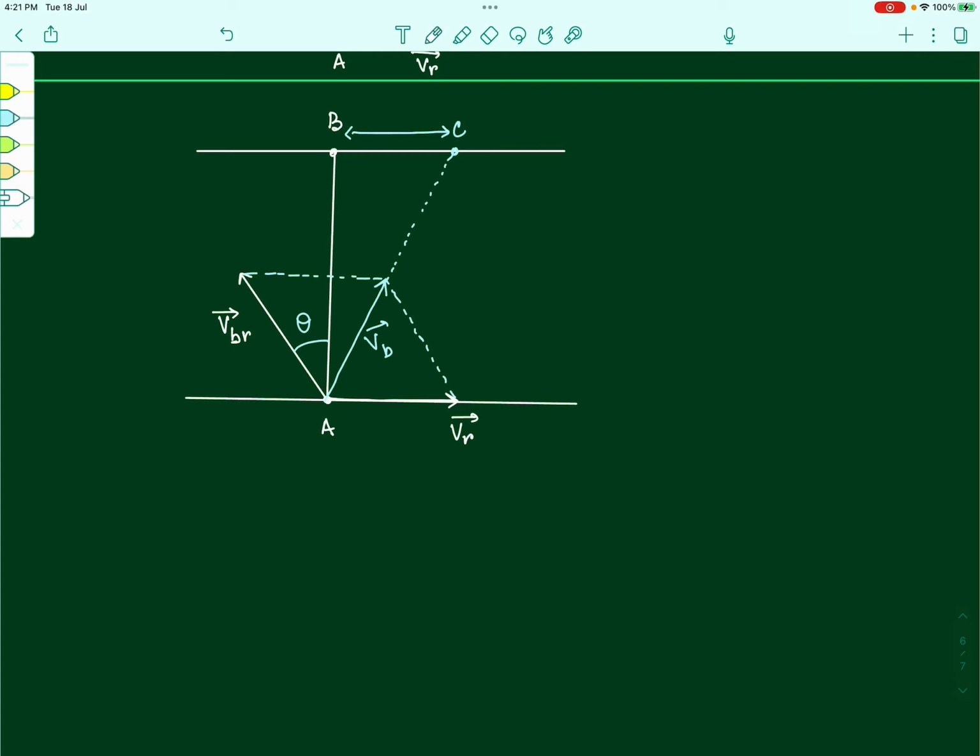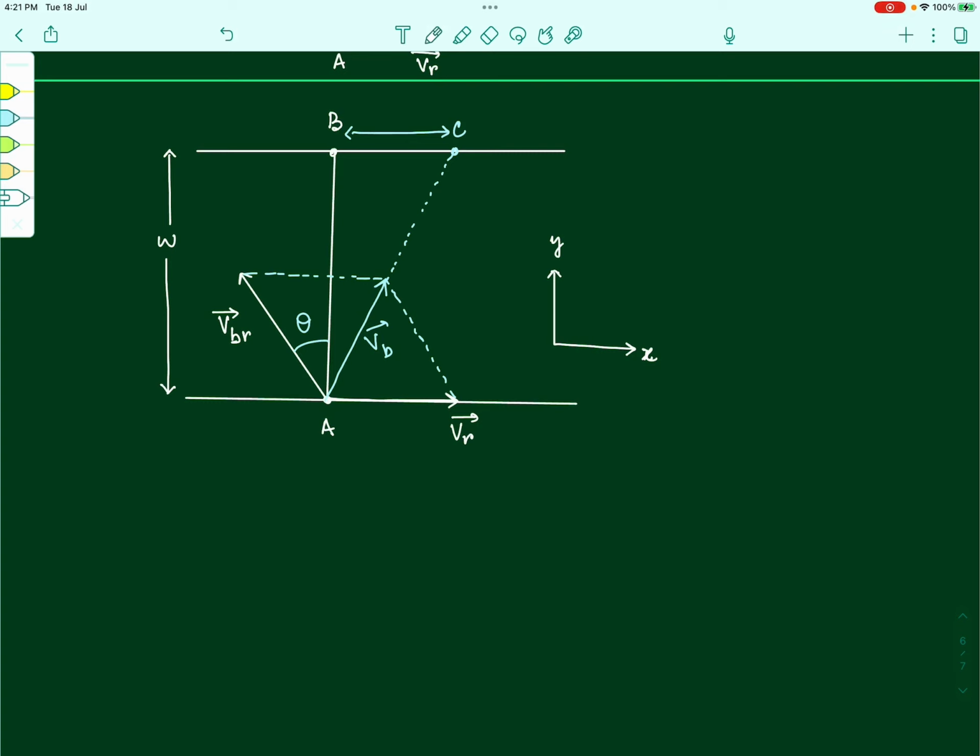To study the mathematics of the riverboat problem, let us once again write a few things. The width of the river is W. Let us consider the river to be flowing along the x-axis, so this is the x-axis, and this is the y-axis across the river. Now, we can write all the known quantities in the rectangular component form of vectors.